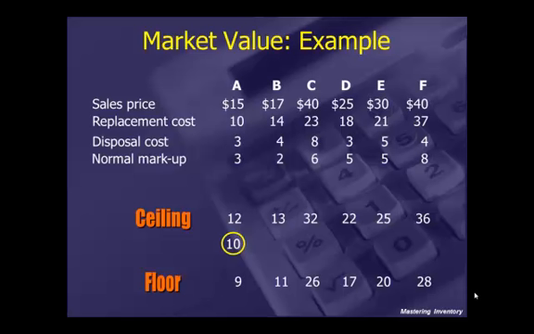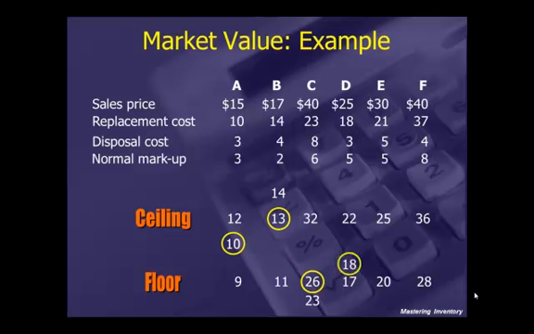On B, the replacement is 14. The market is 14, so it is above the ceiling. So you have to use the ceiling. On C, the replacement is 23, which is below the floor. So the floor is as low as you can go, the 26.